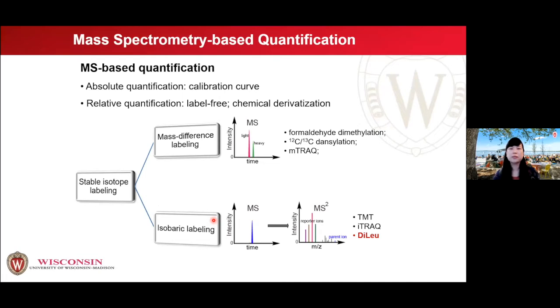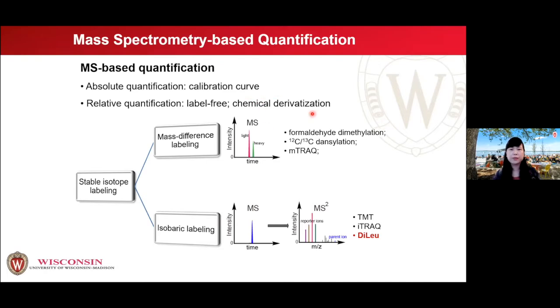However, to really understand the biology, oftentimes we need to get more quantitative information. Within mass spec-based quantification strategies, there are two big categories: either absolute quantification that relies on building a calibration curve, or relative quantification where you want to compare multiple conditions. And this can come with label-free or chemical derivatization approaches.